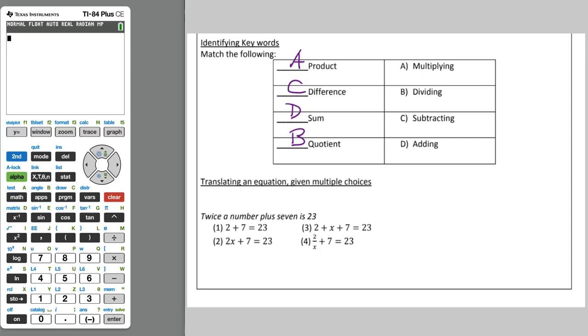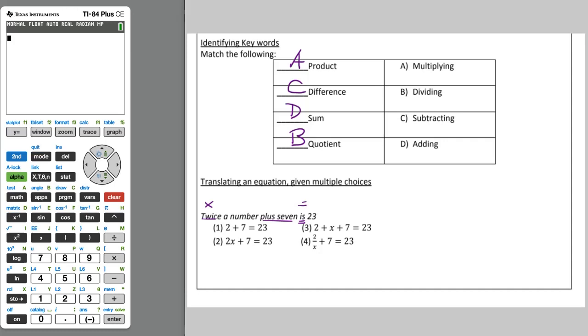All right, next question. Translating an equation given multiple choices. So I'm looking for one of these equations should represent twice a number plus 7 is 23. I see a lot of 2s, a lot of 7s, a lot of 23s, but only one of them is twice a number plus 7 is 23. So twice a number, we know that means timesing by 2, plus 7, and then the is means equals.